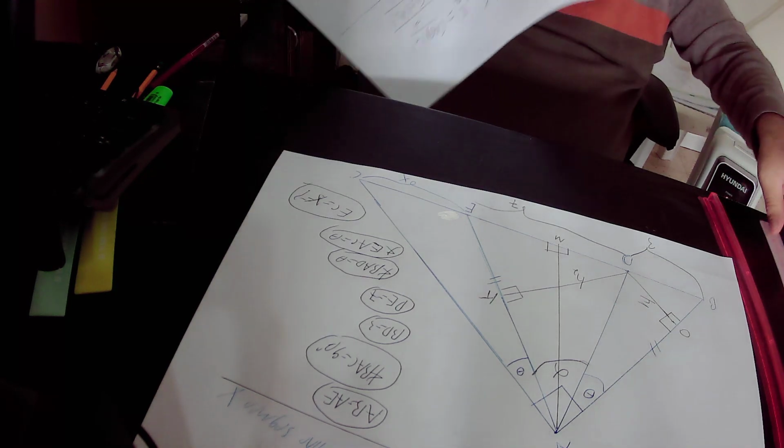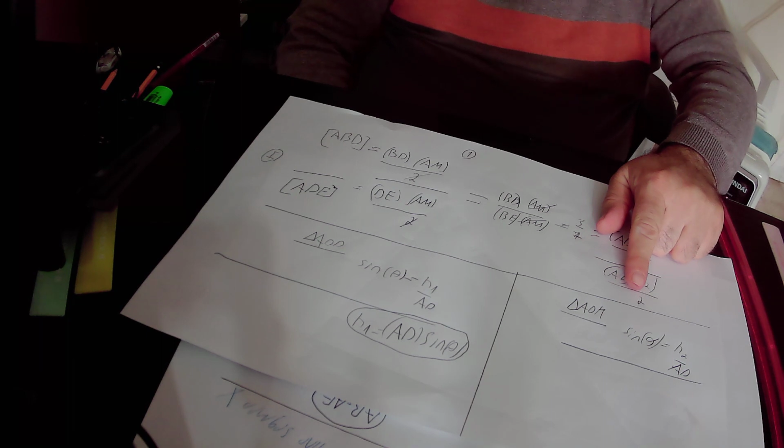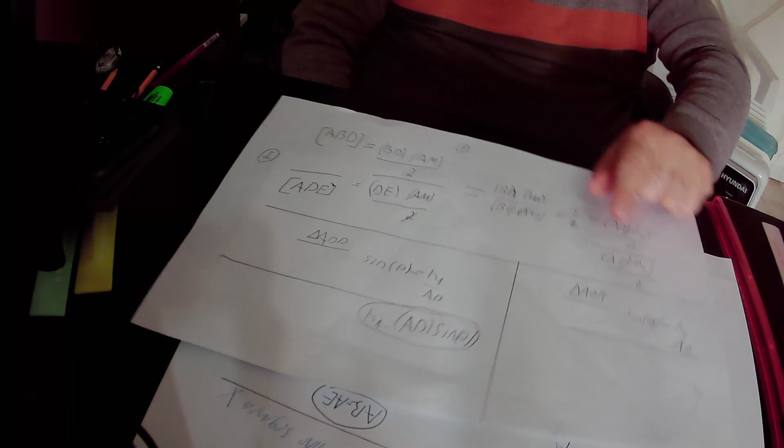I will repeat again. In the right triangle ADK, sine alpha will be equal to edge 2 over AD.